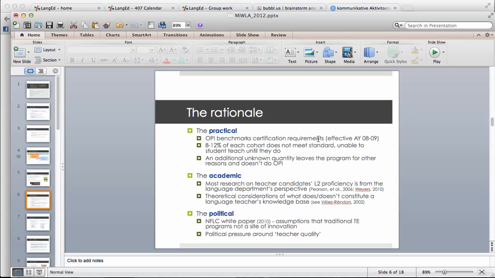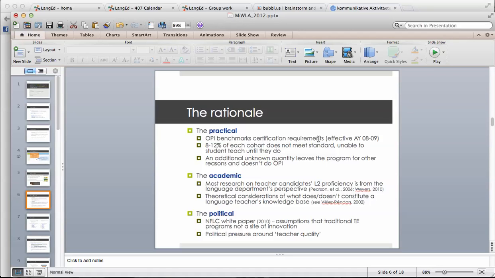There are academic reasons as well. There's not really a lot of empirical research on teacher candidates' target language proficiency, but that which exists is typically from the perspective of the language department, not necessarily the teacher education department. And in terms of policy, this is also important to me. People will know that there's an immense amount of pressure being applied to teacher education right now nationally to make changes.